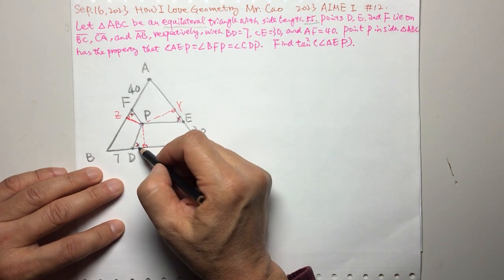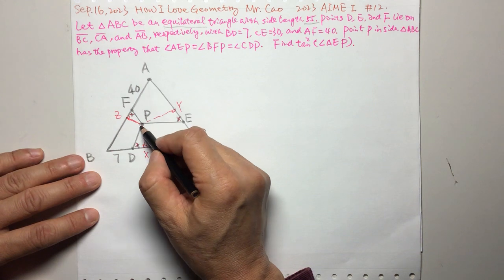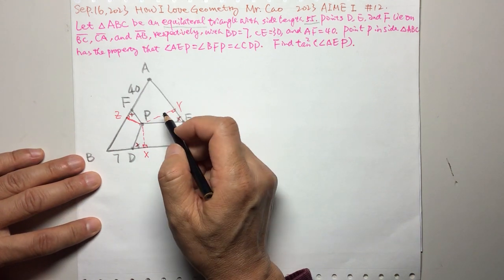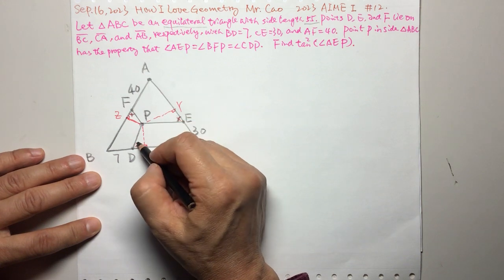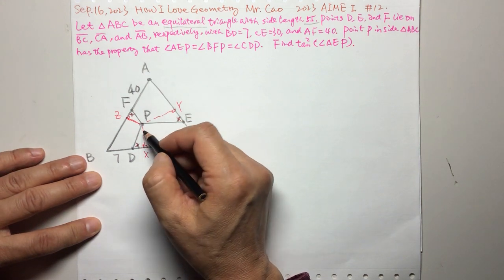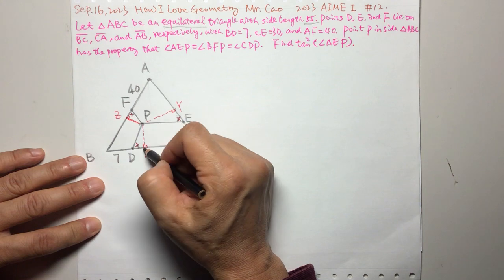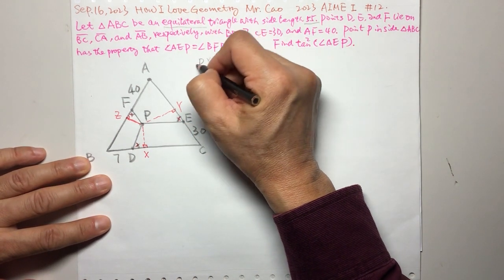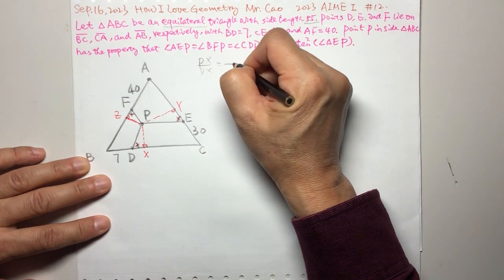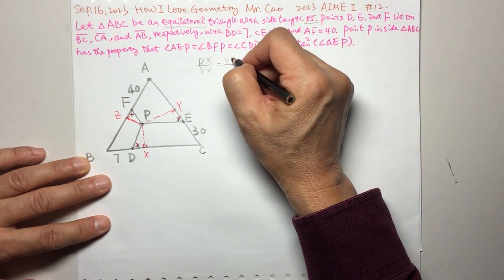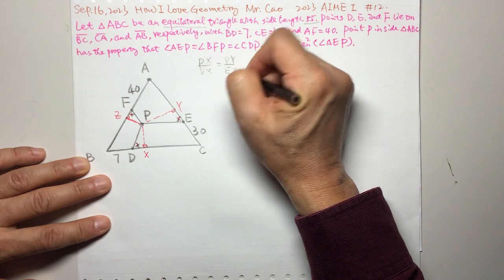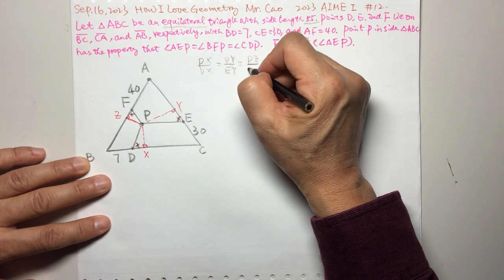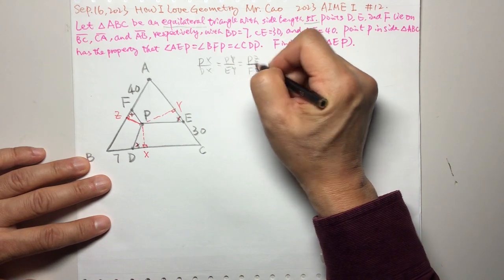Since the tangent is the same, it means PX over DX equals PY over EY equals PZ over FZ. They are the same.